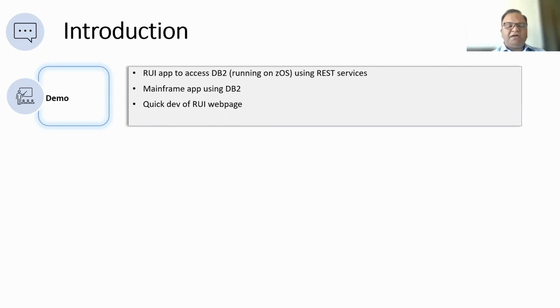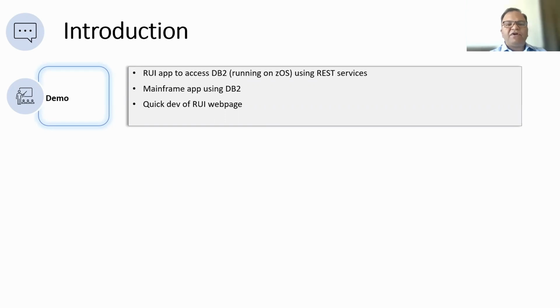The next area would be a mainframe app. This is going to be a traditional green screen application, which will be using a DB2 running on a z/OS environment. Some database related operations can be there. We will also talk about what kind of operations can be done, how we can code that, and how a green screen can be designed.